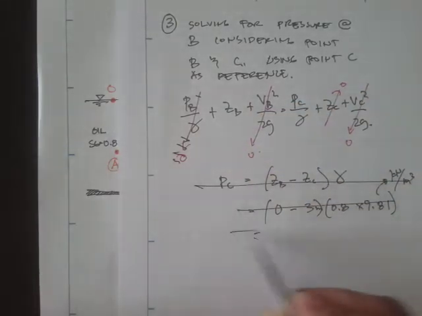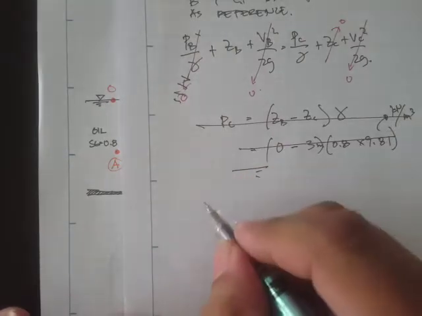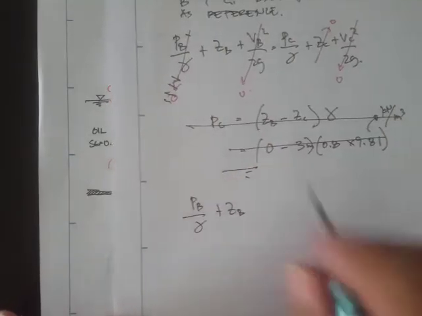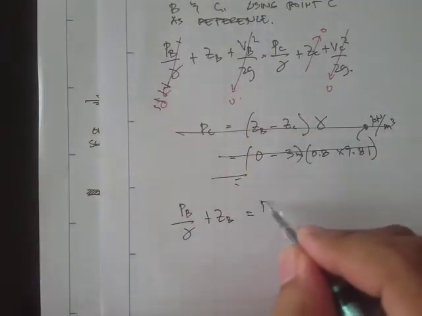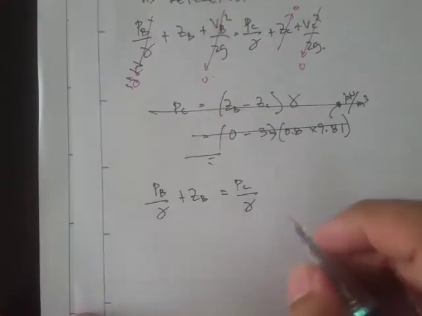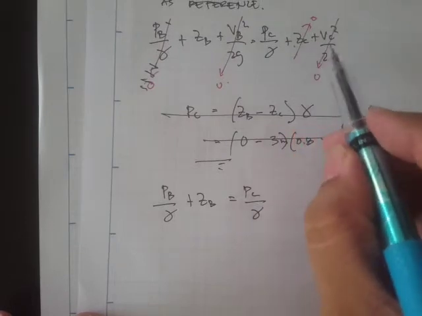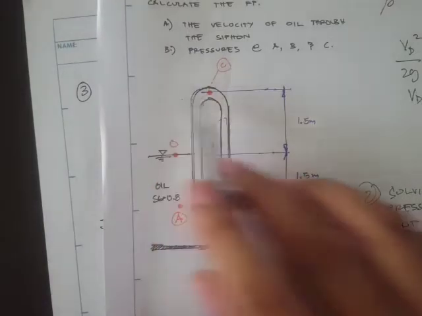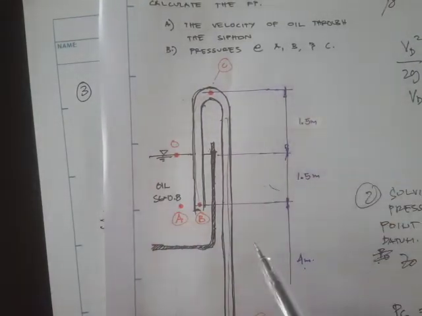So we'll rewrite our equation again. This is P sub B by rho plus Z sub B. This one is 0. Therefore, P sub C by rho G, and these are 0. Our reference point is point C, so anything going down would be negative.